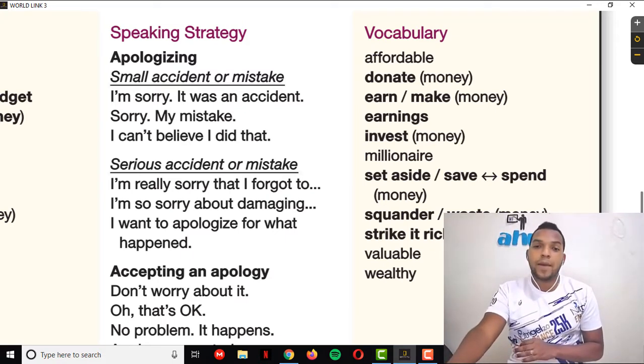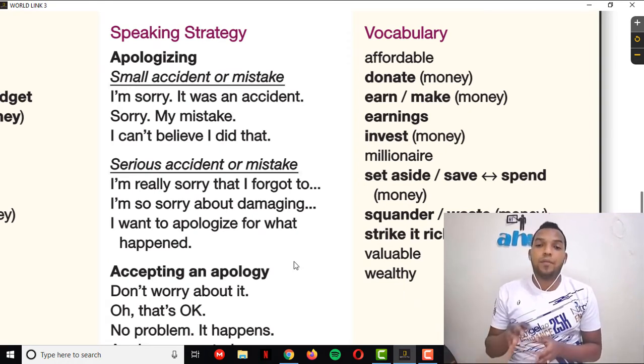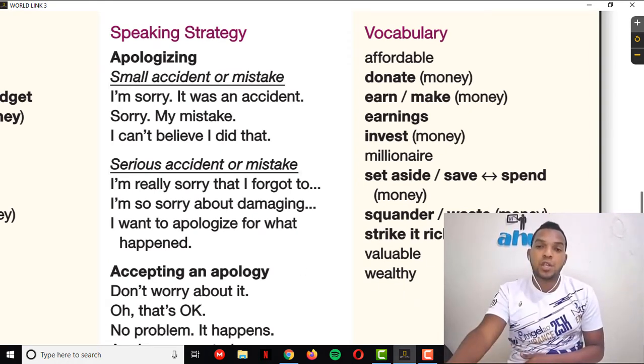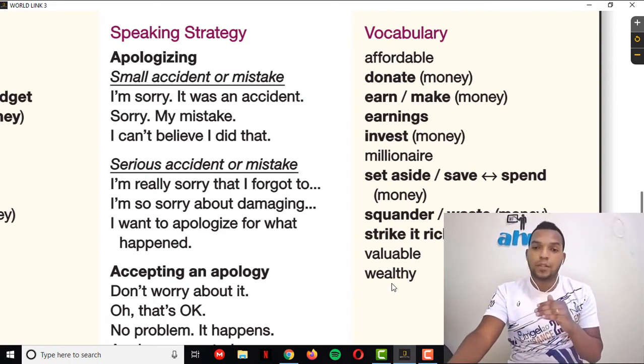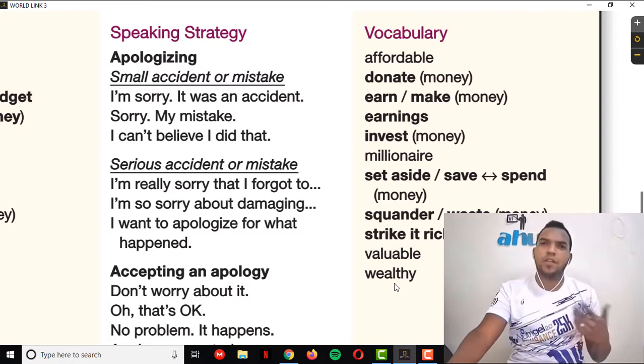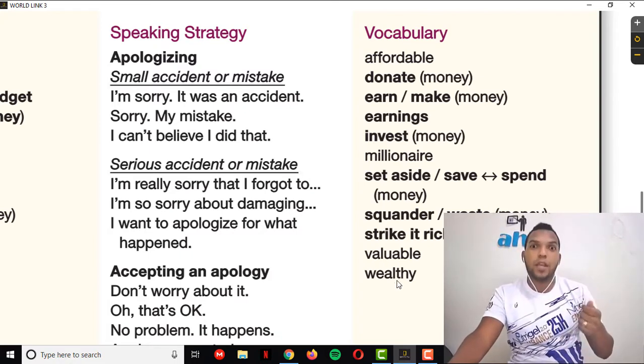All right, so the other one is wealthy. Wealthy is the same as rich. The only difference is that rich can be used as an adjective for other things, for objects, when they are delicious. But wealthy is actually for people. So you're talking about the people who have money.